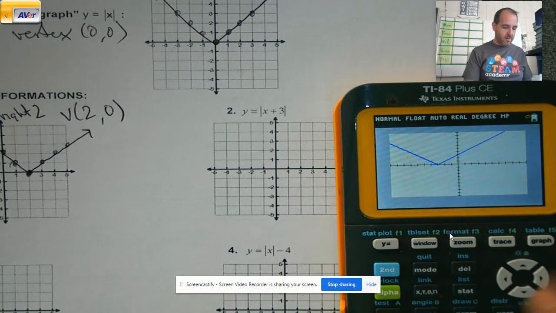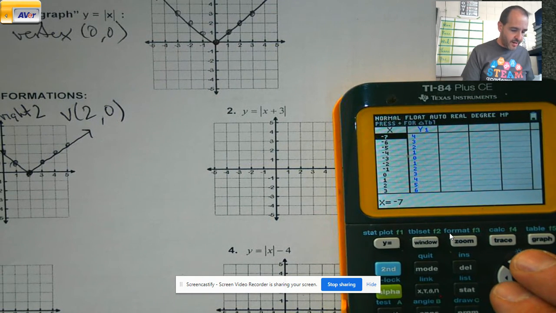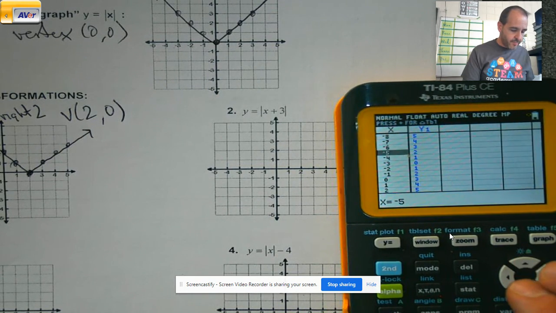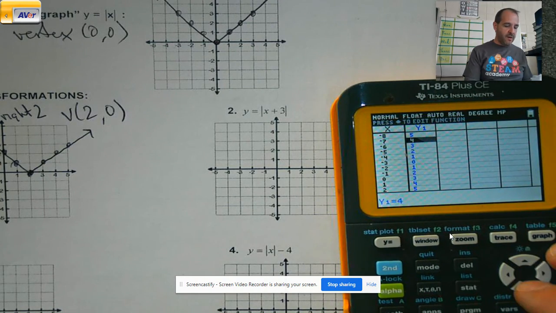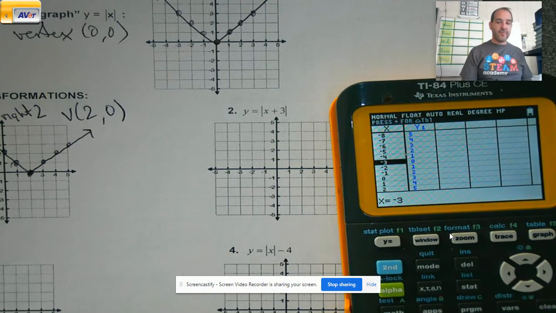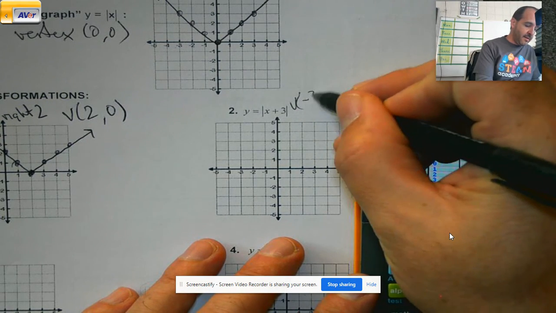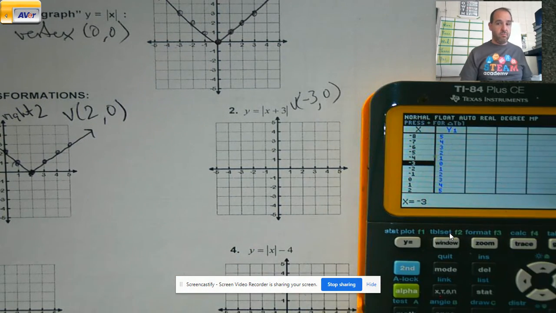Let's see. We're going to keep moving up and down until we see symmetry. Same numbers above, same numbers below in y. 1 through 5, 1 through 5. What's in the middle? Negative 3, 0. So my vertex is at negative 3, 0.